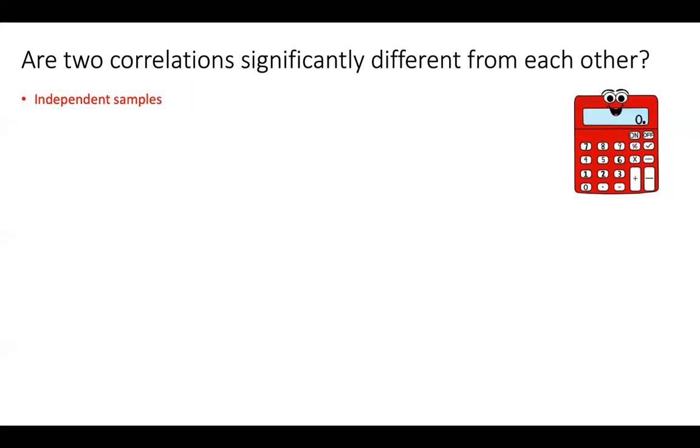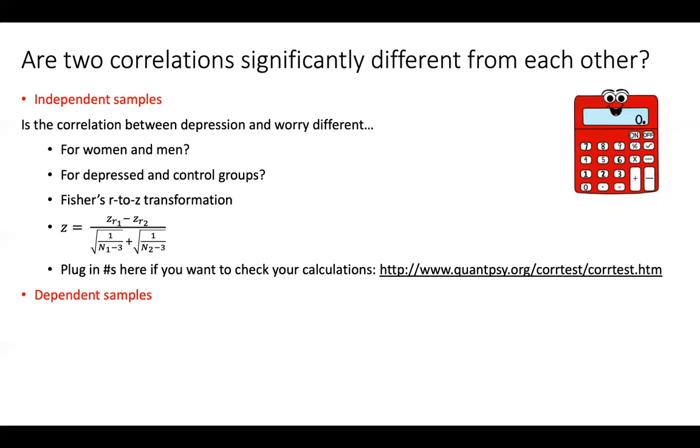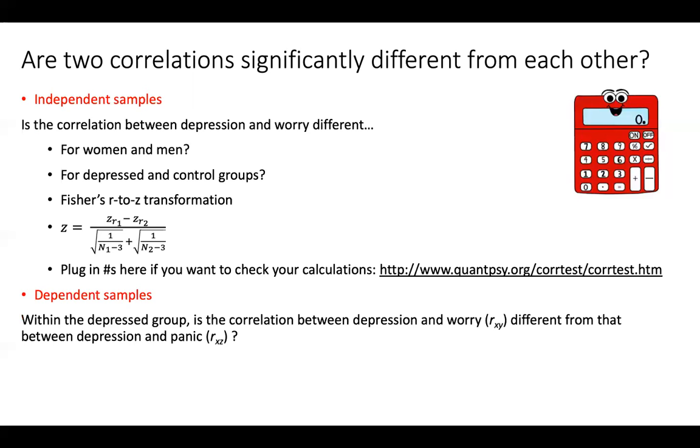All right. In order to determine these differences, you have to differentiate whether you're looking at independent samples, like in my men-women example, or at dependent samples, right?